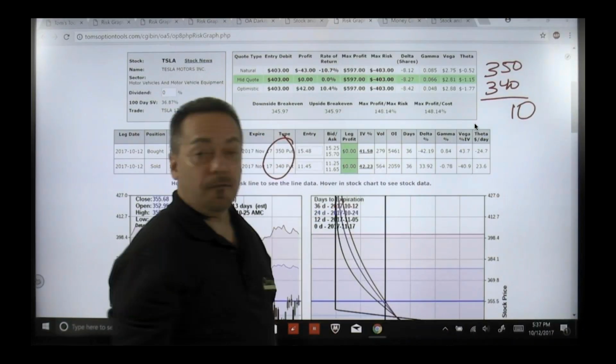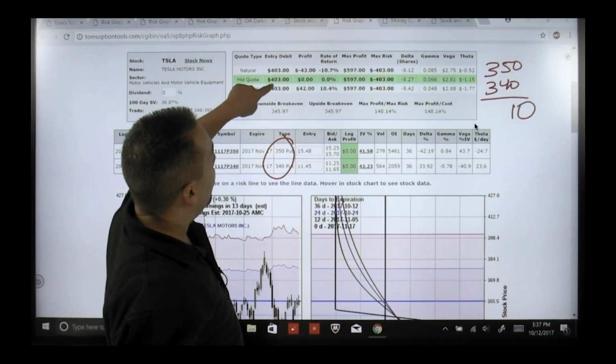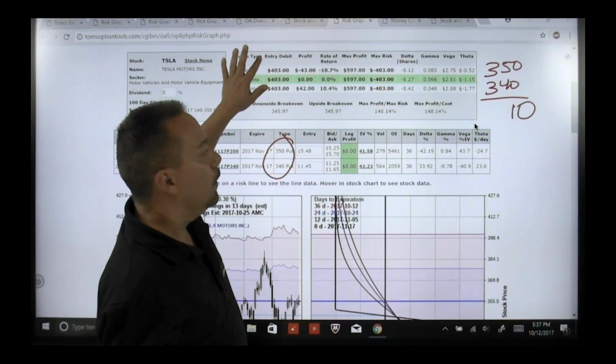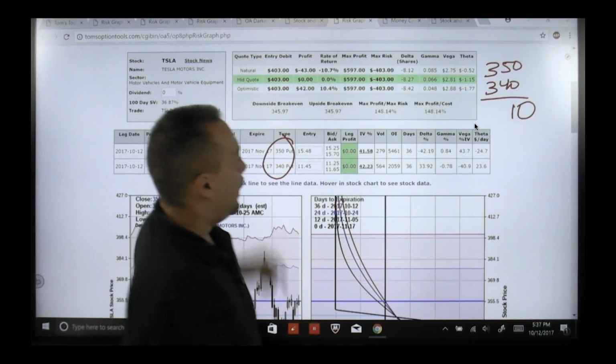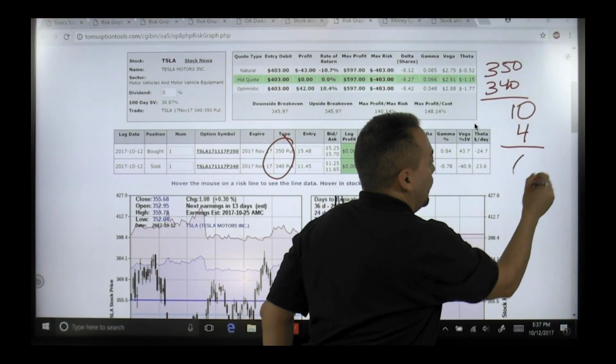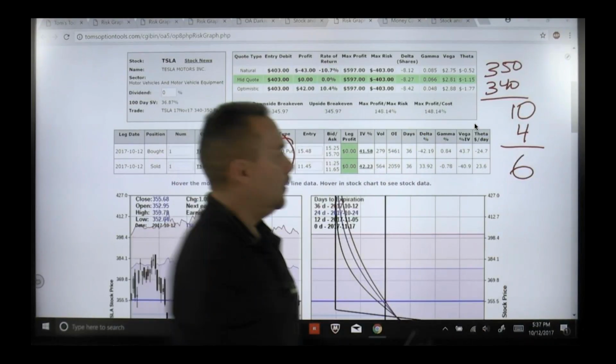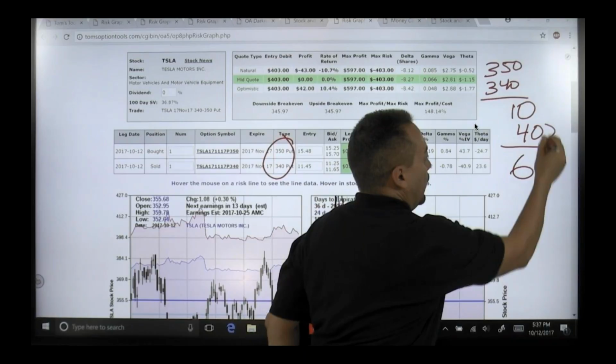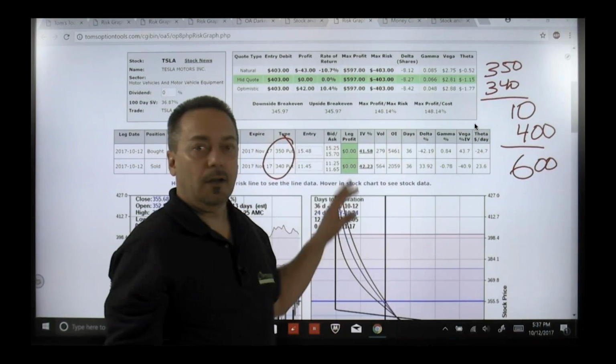How much did we pay for that 10-point spread? We paid $403. Let's just round it to $4 for the spread. So 10 minus 4 gives you a maximum profit potential in points of 6. $400 maximum risk, $600 maximum reward. That's how you come up with the spread.